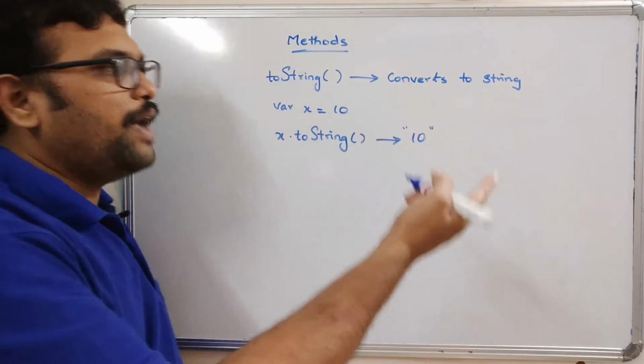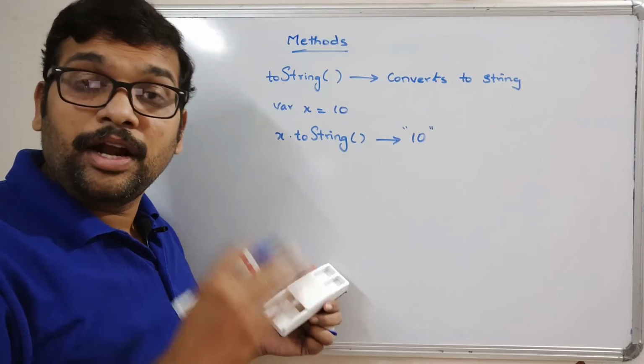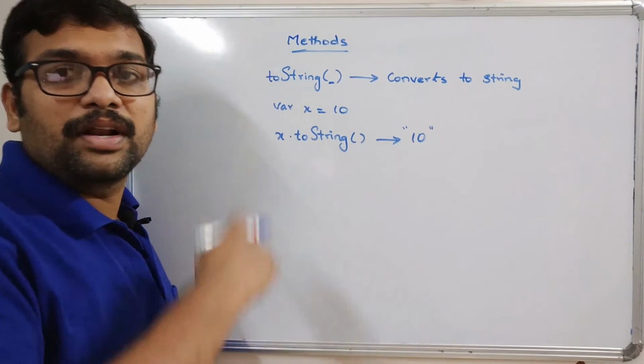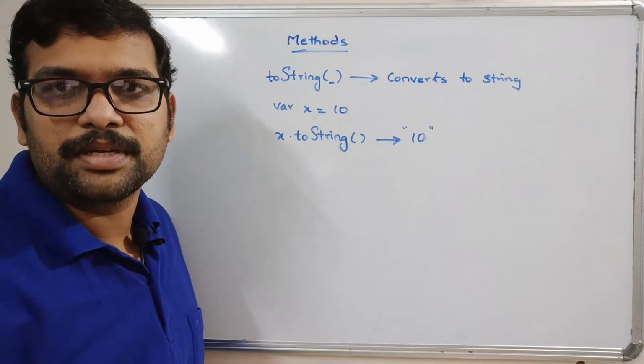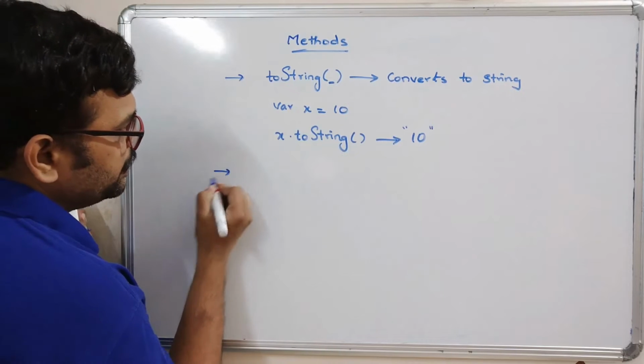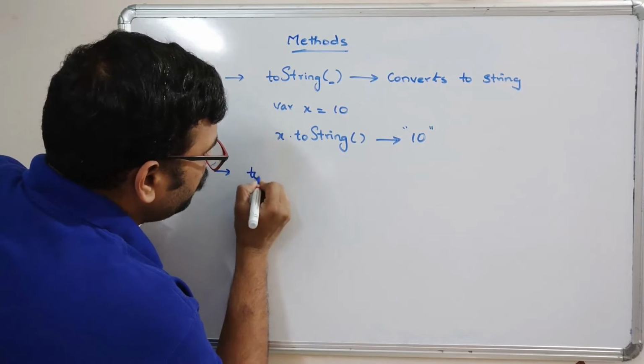Similarly, a float value can also be converted into a string, and also if you give any base value here, automatically it will convert from one number system to another number system, right? So this is one method, and the second method is toExponential.